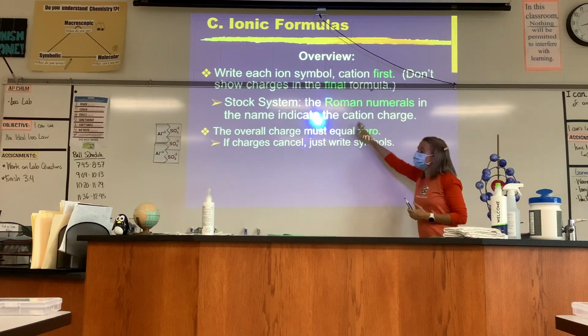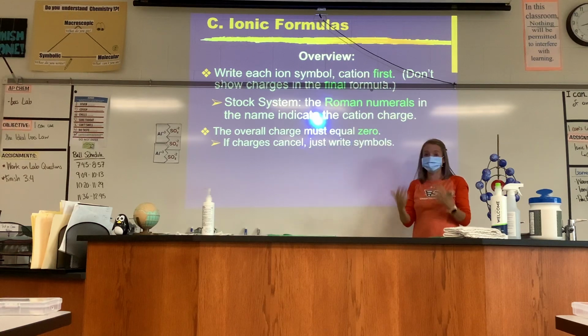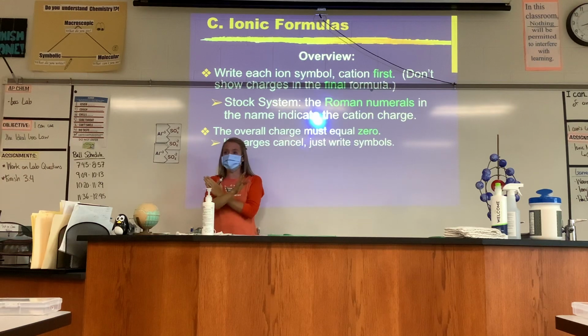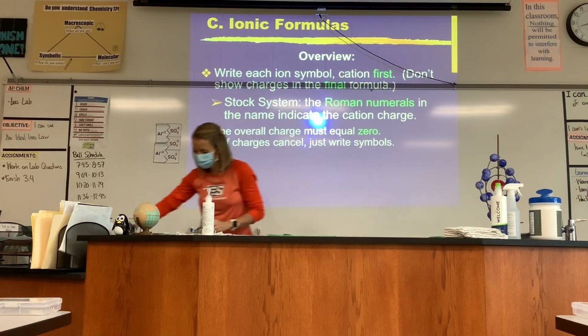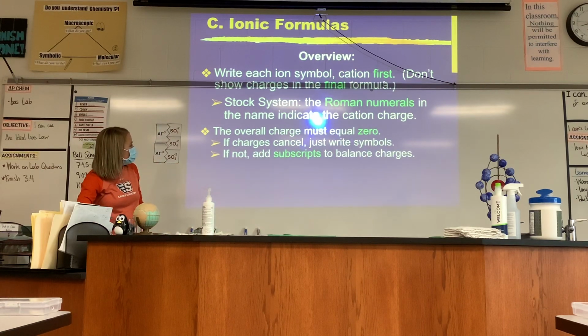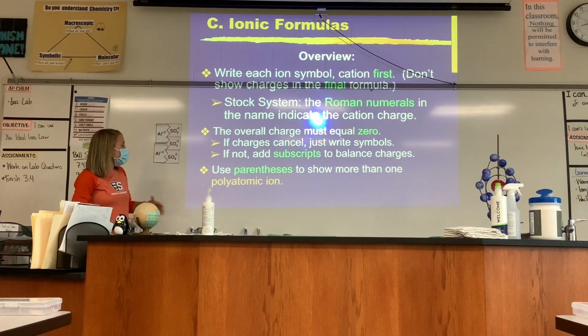And the biggest thing is they have to balance out to be 0, however you want to figure that out, either drawing arrows or doing the math. That's why they bond, they have to equal 0. And we'll do an example of this, but we'll sometimes use parentheses to show more than one polyatomic ion.